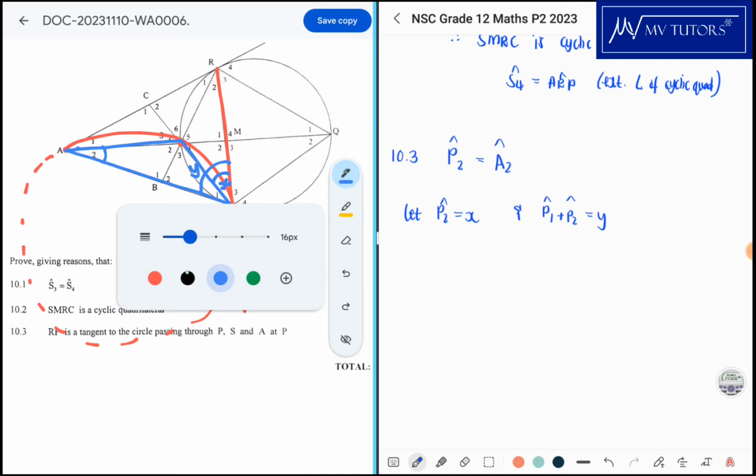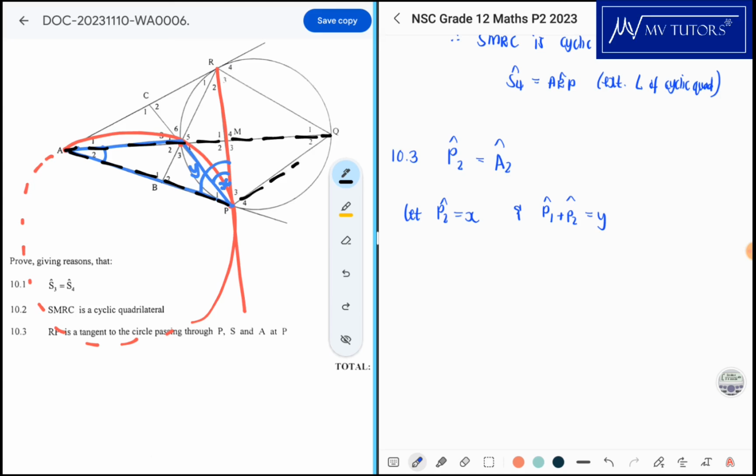I wanted to look at this big triangle, A, Q, P. Try to see if A2 can be equal to X. That's what I'm trying to work towards. So I need to know what P3 is. Before I do that, because I don't know what P4 is, let's look at P4. Have we said anything about P4? P4, in actual fact, would be equal to R3.